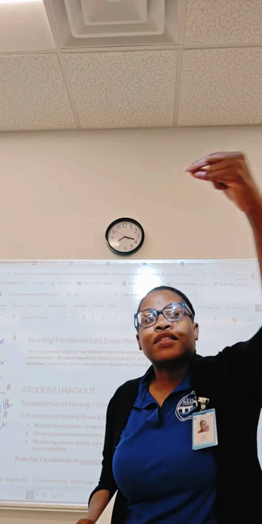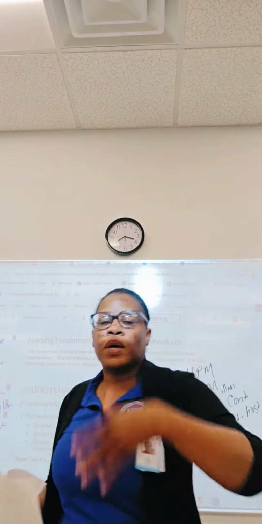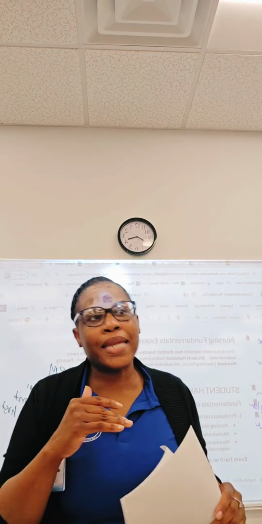Pay attention to the activities that are being conducted in that scenario presented. So when I ask you, based on these activities, what preventative level is this nurse conducting? If she treating that stroke patient, what's she doing? What level is that? Don't play with me. Pay attention to the activities within the scenarios.